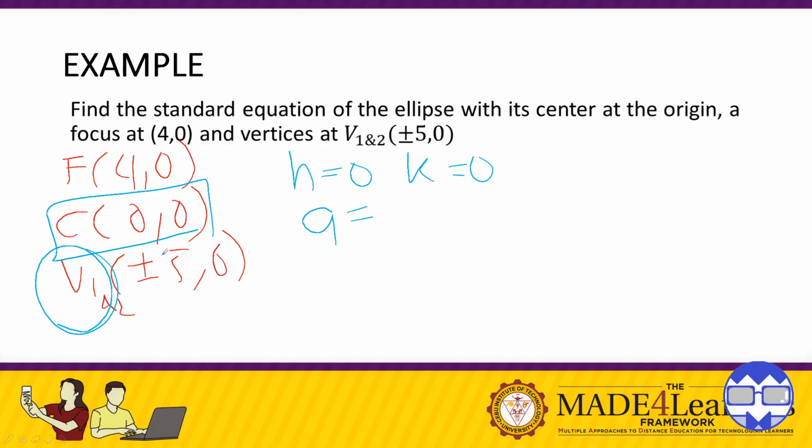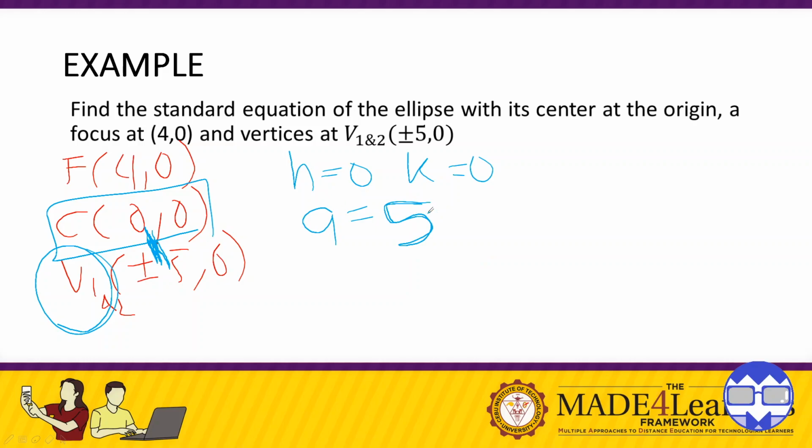If you compare it from the center, it goes from 0 to 5, so the distance from the center is 5. The movement is horizontal because the vertices have a value of 5 at h, so it's 0 plus or minus 5. So we have a being 5.